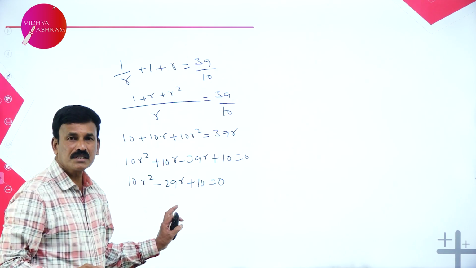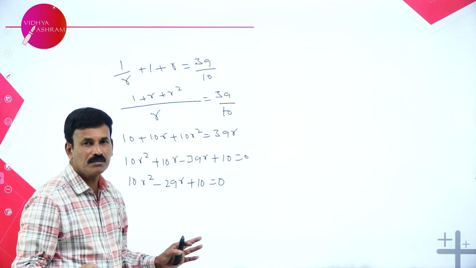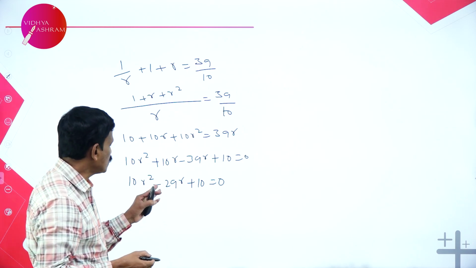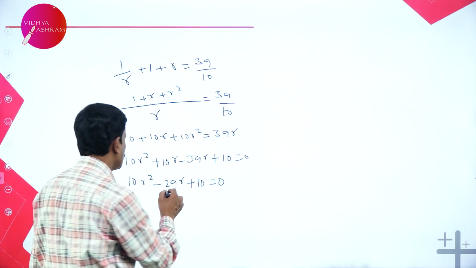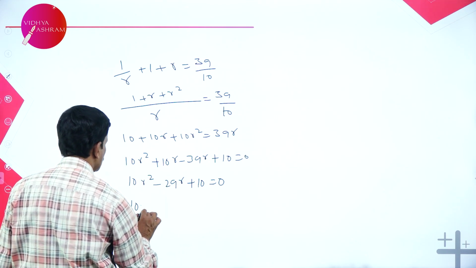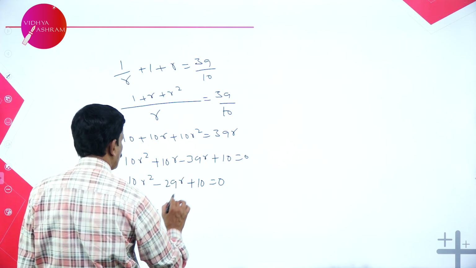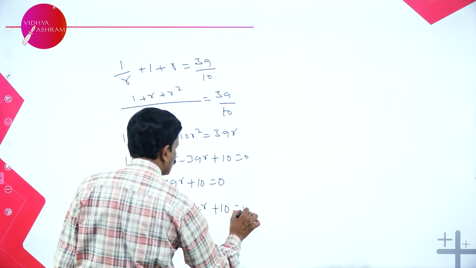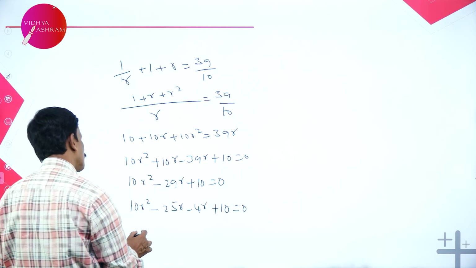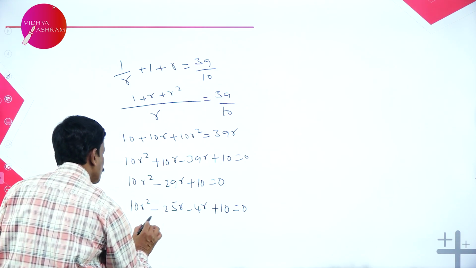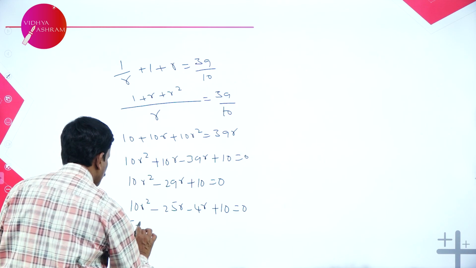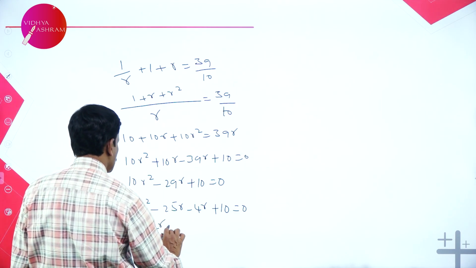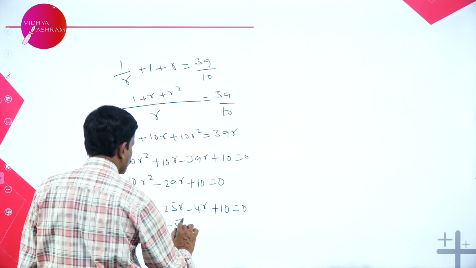This quadratic equation can be solved by any method, by factorization method, or square method, or by formula method, or splitting the middle term. Let us split the middle term. 29 can be split, so 10R square minus 25R minus 4R plus 10 is equal to 0. Now you can take the common factor. What is the common factor? 5R is the common factor, 5 2s are 10, so you will get 2R minus 5, 5 5s are 25.